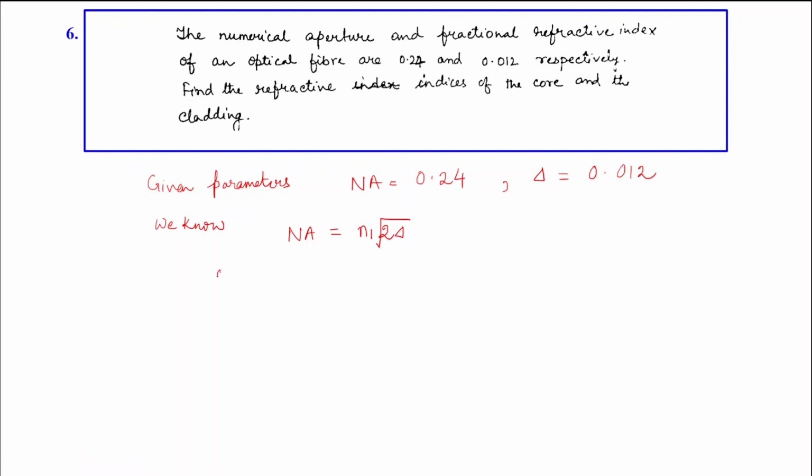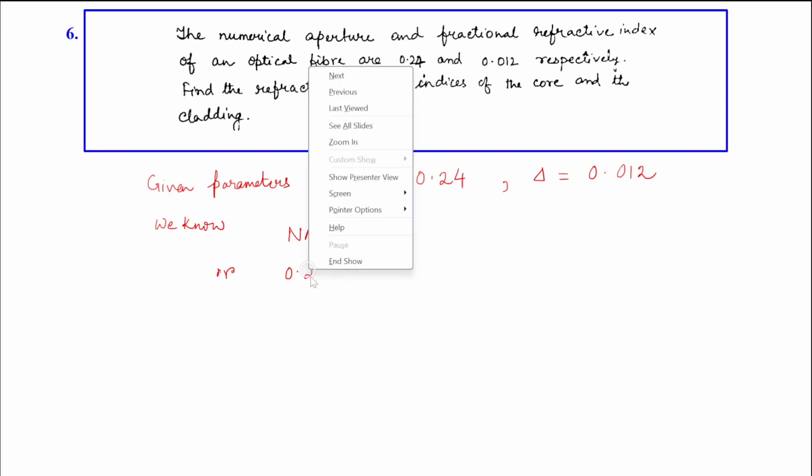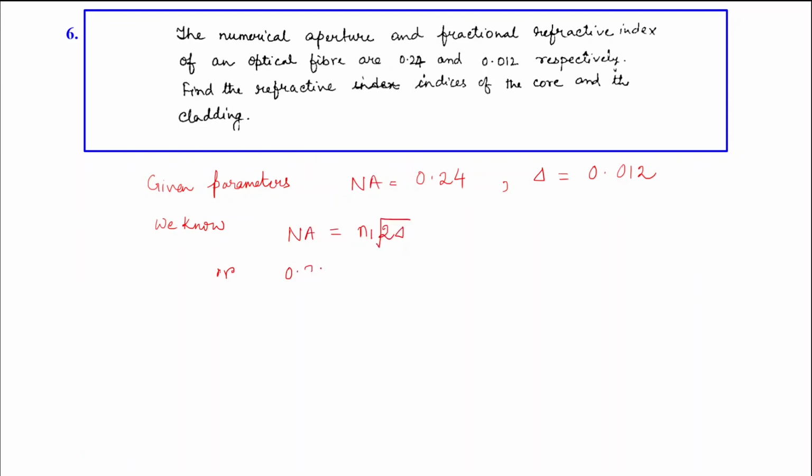If you follow the theory, NA, that is the numerical aperture, is given as n1 root over 2 del. So 0.24 is equal to n1, which we need to find out, into root over 2 into 0.012, which is equal to 0.155 n1.